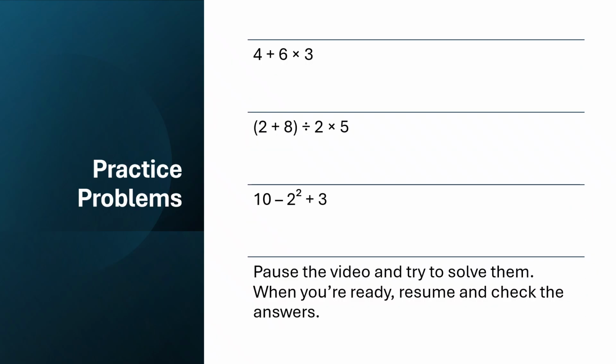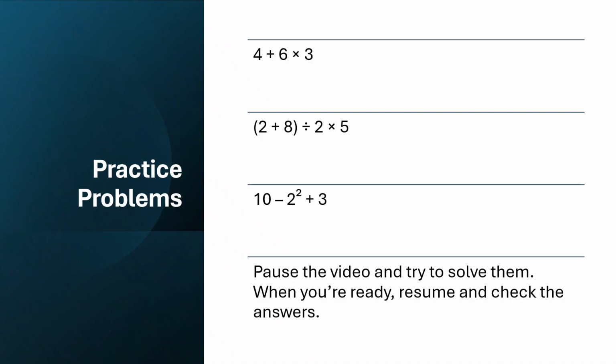It's your turn. Let's try 3 practice problems together. First, 4 plus 6 times 3. Step it out using PEMDAS. Second, 2 plus 8 in parentheses divided by 2 times 5. Remember parentheses first, then division and multiplication.